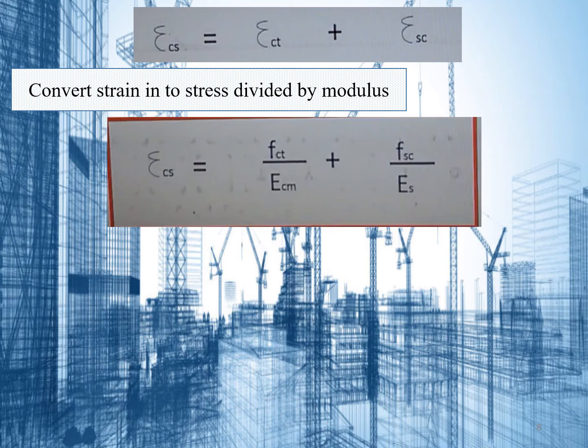You know, modulus of elasticity is stress over strain. Then we can convert to the equation like this. Epsilon CS equal to stress divided by the modulus plus stress divided by the modulus.